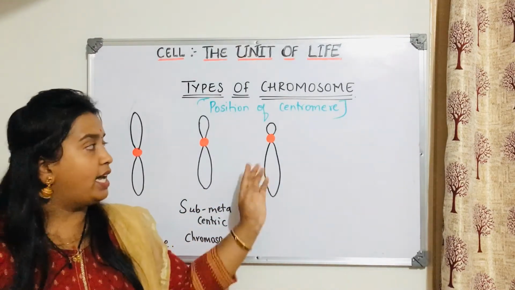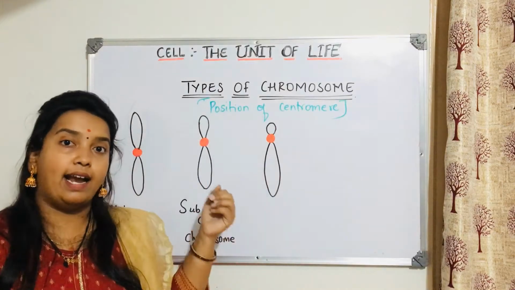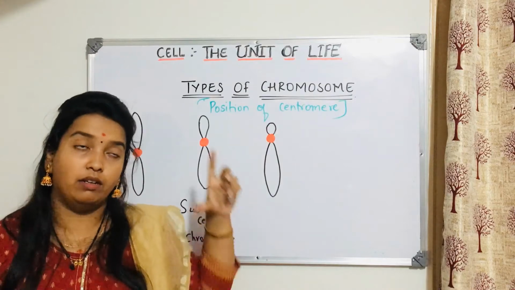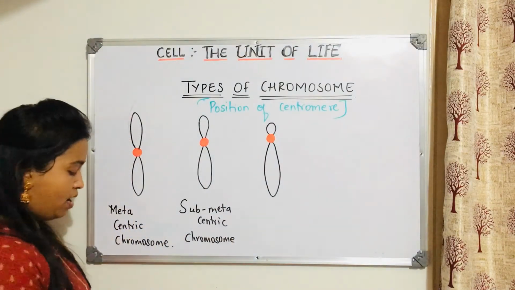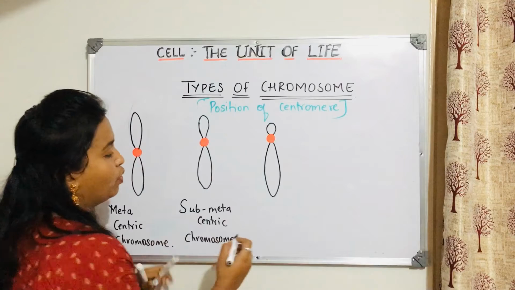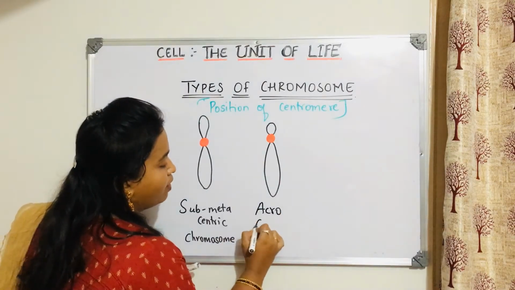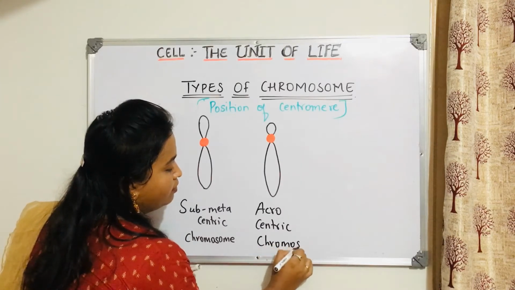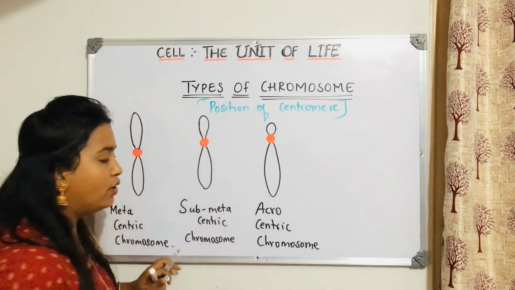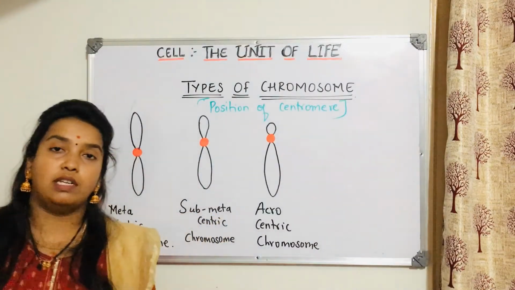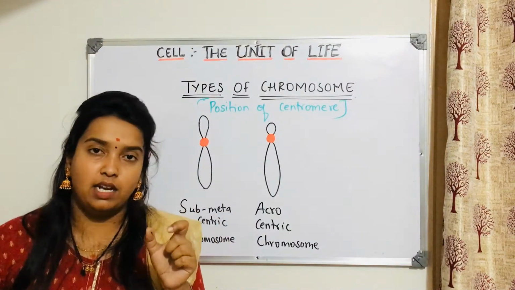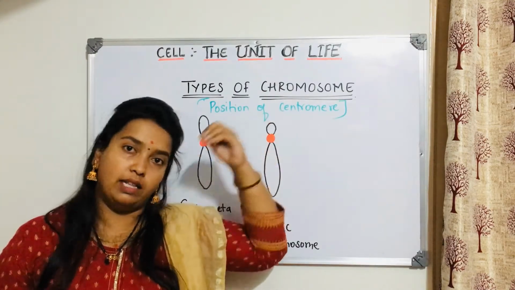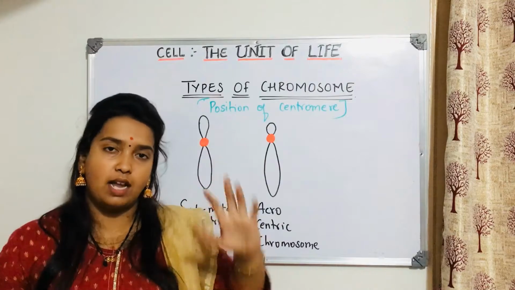Here if you see, it is going towards the end, and you can see that P is very small and Q is large, long here. And this is called acrocentric chromosome. Here in acrocentric, centromere, where it is present? Almost towards the end. It's not completely in the end, but almost towards the end.